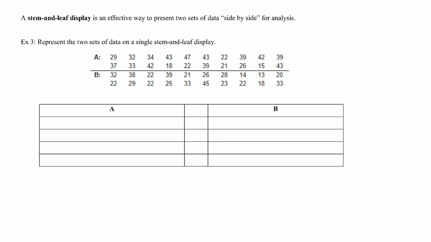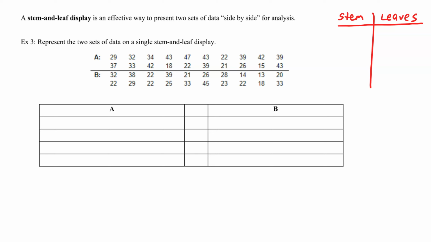So you'll notice we have our columns on the left that say A, our columns on the right that say B, and then we have that area in the middle. With a traditional stem and leaf plot, you have your stem and you have your leaves. And when we draw a traditional stem and leaf plot, our leaves, the leaves are the rightmost digit of that number.